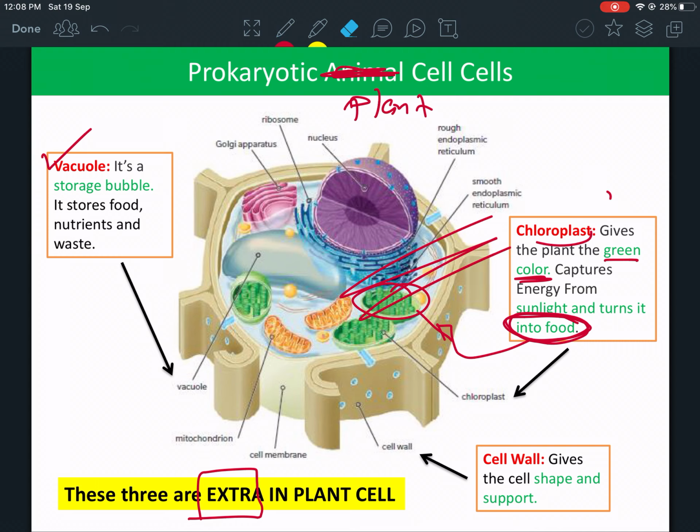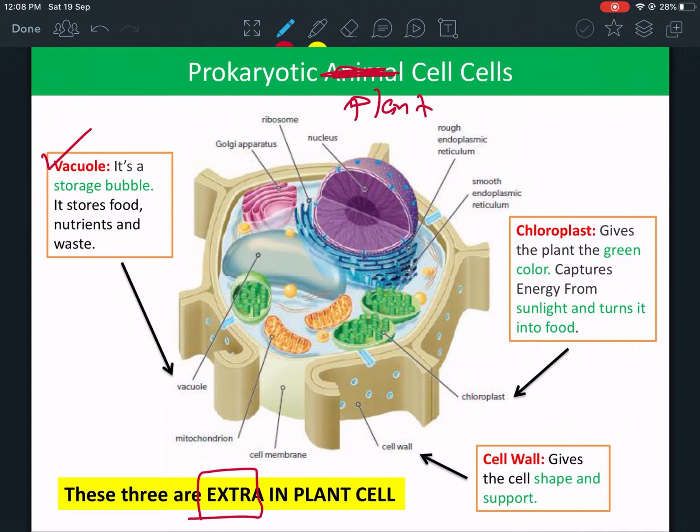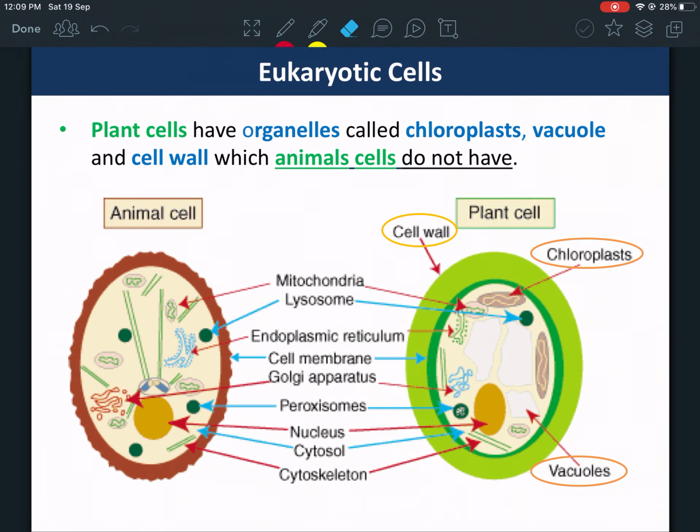Okay, so this is the chloroplast. Now the last thing in the plant cell is the cell wall. Okay, we have a cell wall in prokaryotic cells, but we don't have a cell wall in the animal cells. The animal cells do not have cell wall. So this cell wall gives it shape and support just like the one in the prokaryotic cell. Okay, so the animal cell, you see, if you go here, as a plant cell, that's the animal cell.